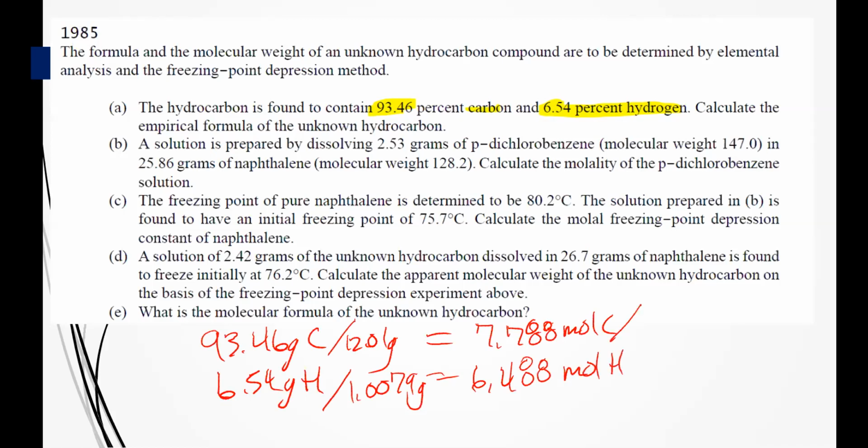And so I'm going to divide each one of these by the smallest value there. So this becomes 1.20. This one becomes 1. And so what do I need to multiply them by to get rid of that 0.2? What number should I multiply that by?